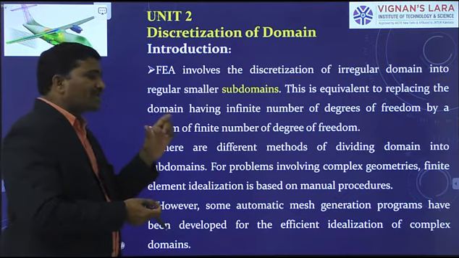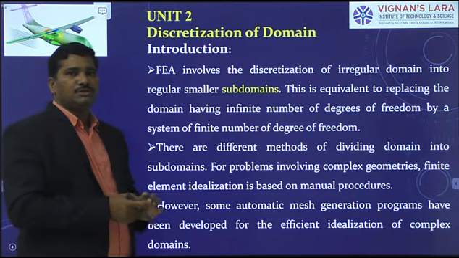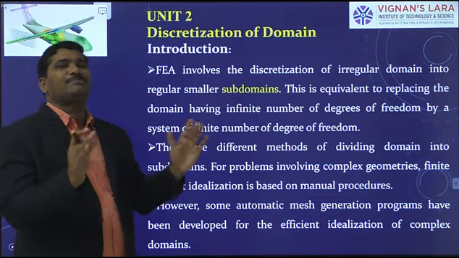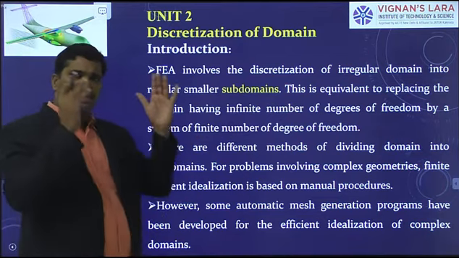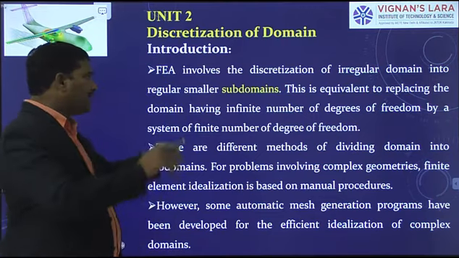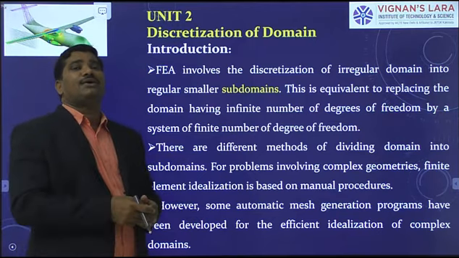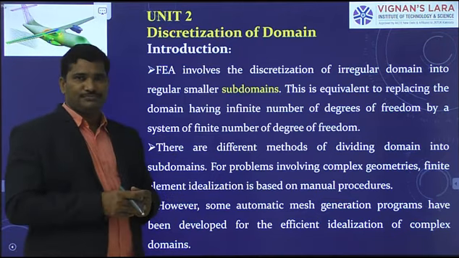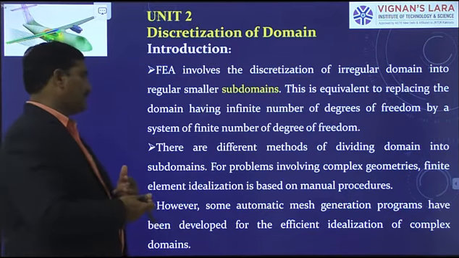The size of each subdomain is very small. Subdomain is the finite element. This is simply equivalent to replacing the irregular domain having an infinite number of degrees of freedom with a finite number of degrees of freedom.